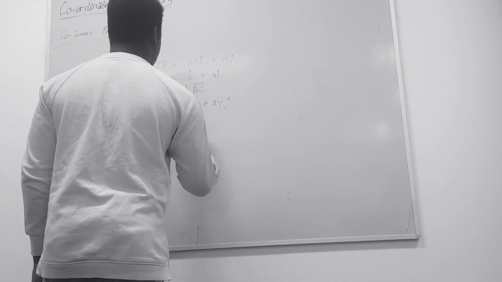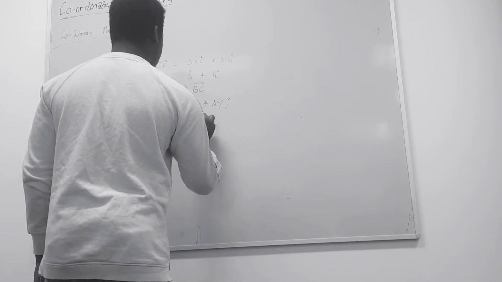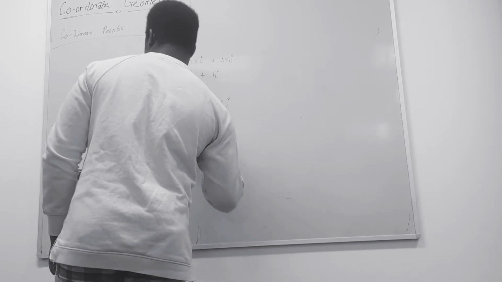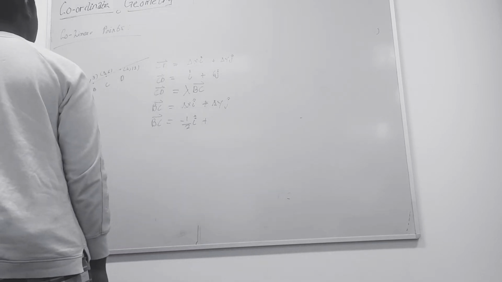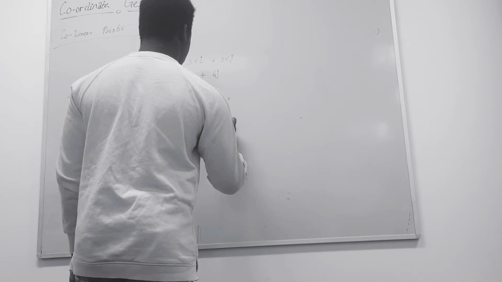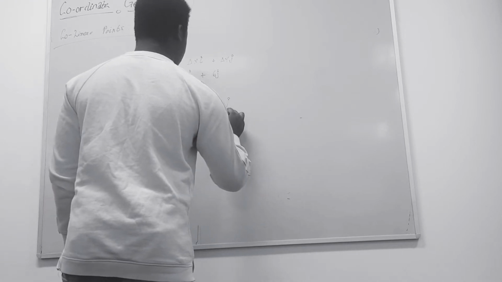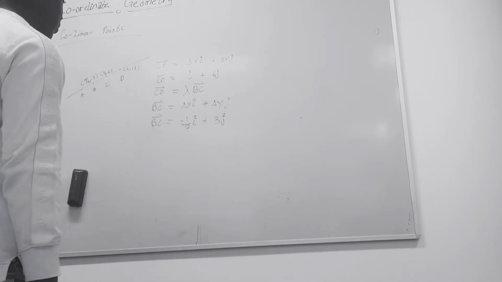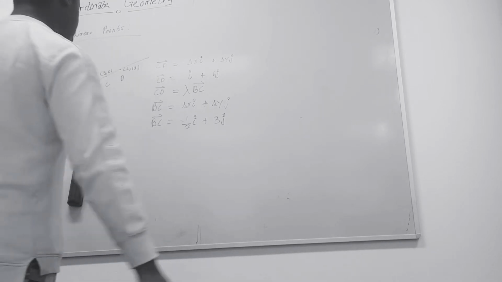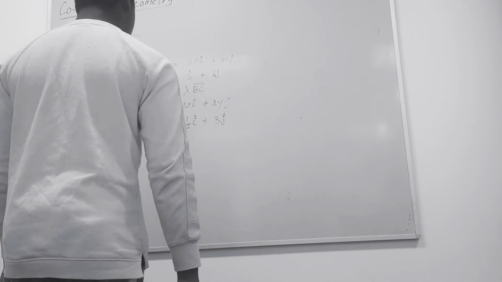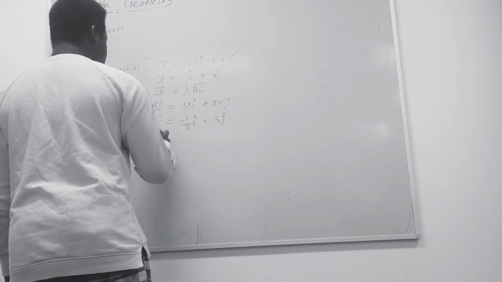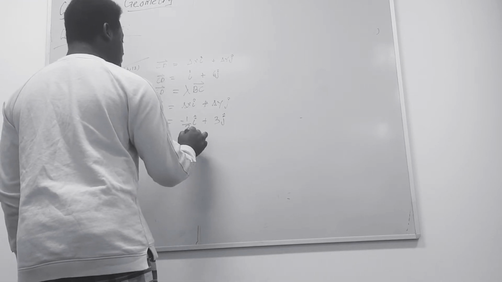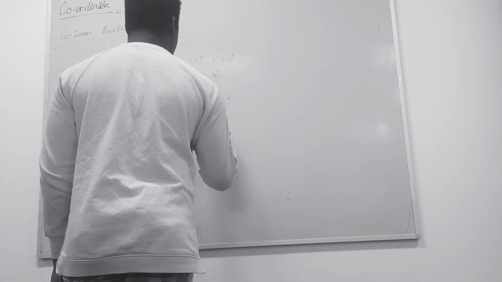That's minus 1 divided by 2 i, plus, what's delta y? Delta y was 3j, right? If you multiply it through by 2, so 2 times BC is equal to negative i plus 6j.